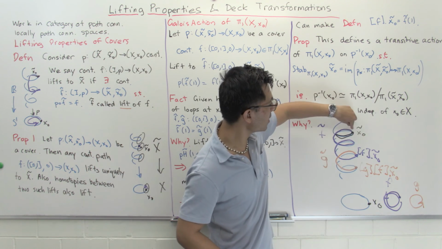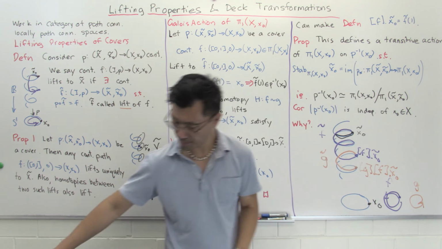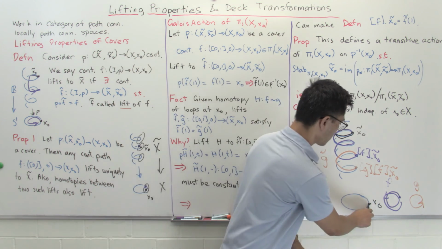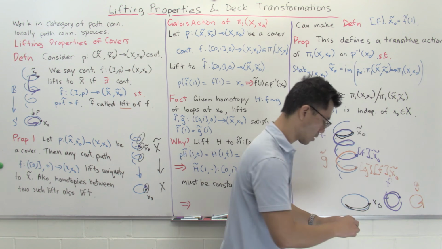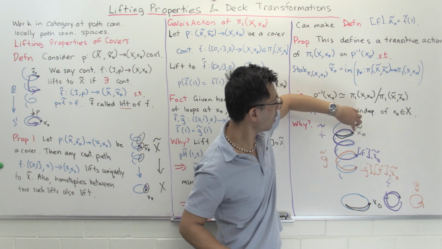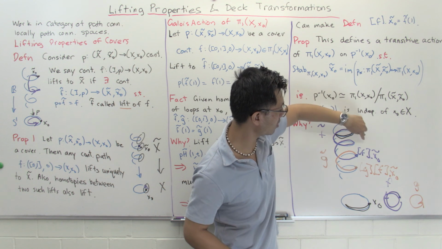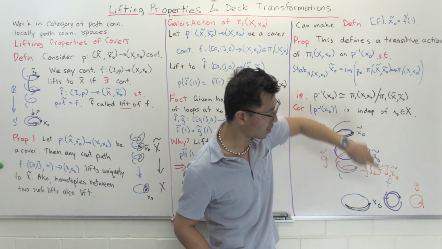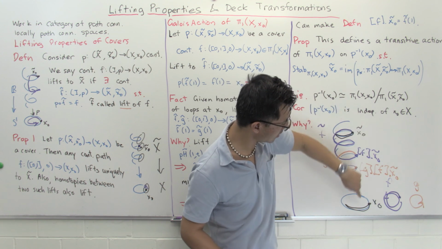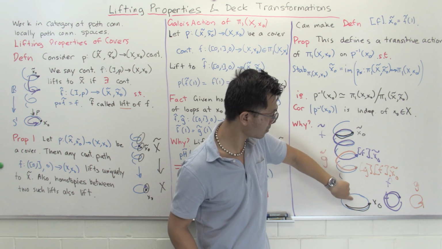And we want to say that this loop, okay, firstly, it gives you a loop downstairs. And you want to say that the action of this loop on this point is trivial. It stabilizes this x0 tilde. And why is that true? Because if you take this loop, you go downstairs, how do you work out what its action is on x0 tilde?